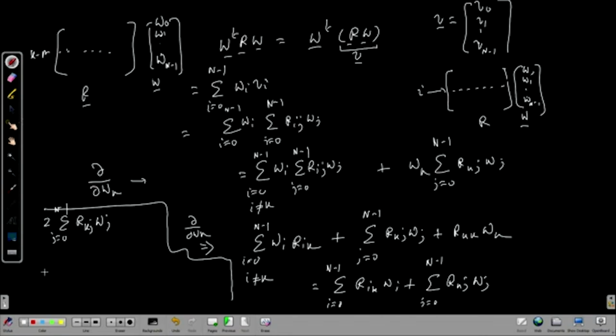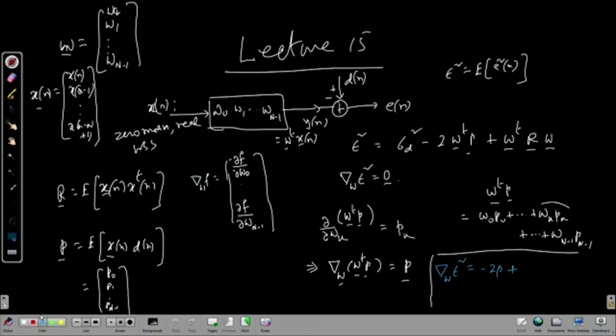That means if I now take all the derivatives and stack them for this quantity W transpose R W, it will be nothing but 2 R W. So, going to the previous page, the other term is 2 R W.